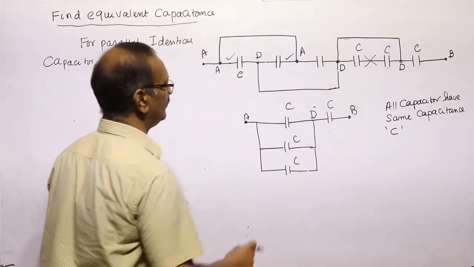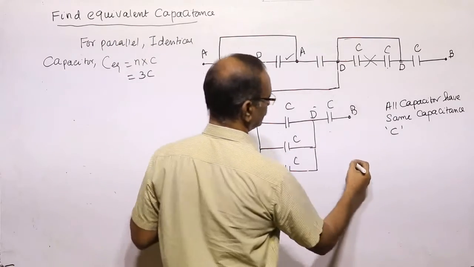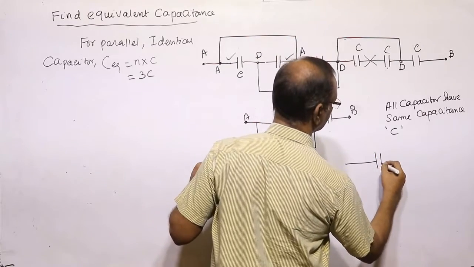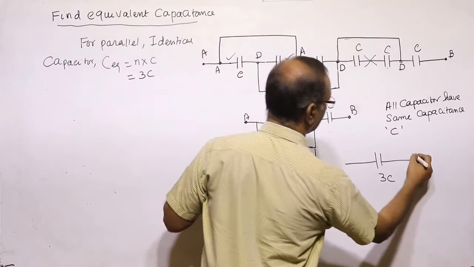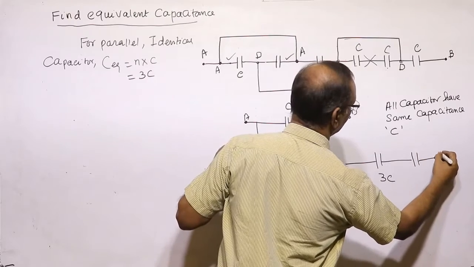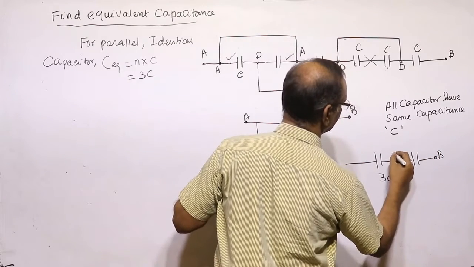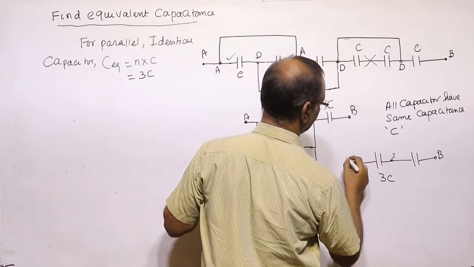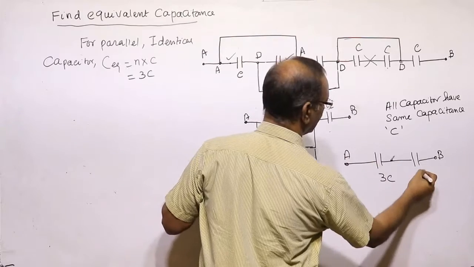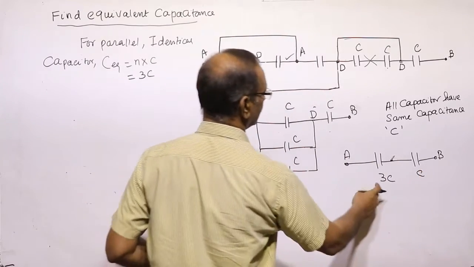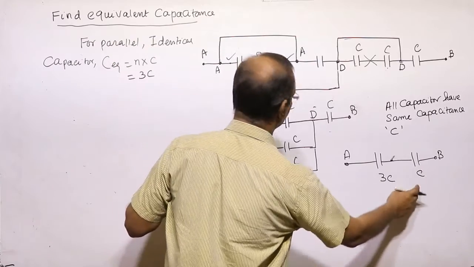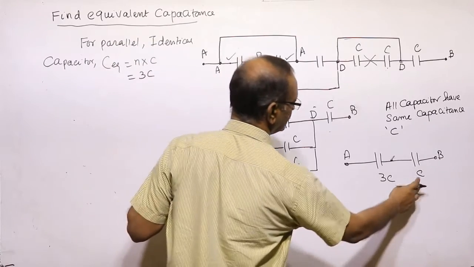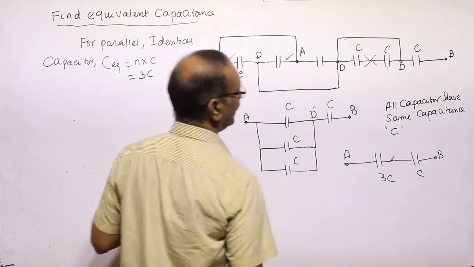So this circuit, between A and D, is now reduced to 3C, and C again with B. This is with D and this is with A. These are in parallel, but not identical, so we cannot use the formula of C times the number of capacitors.